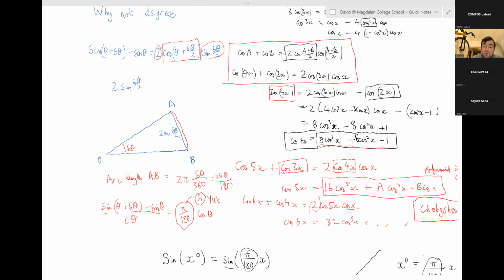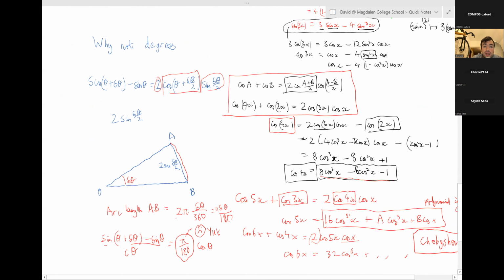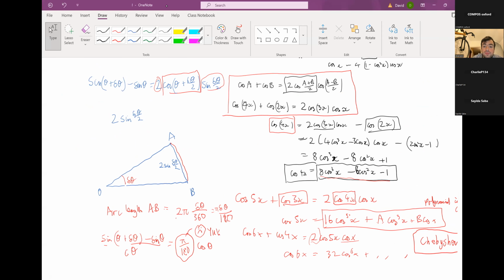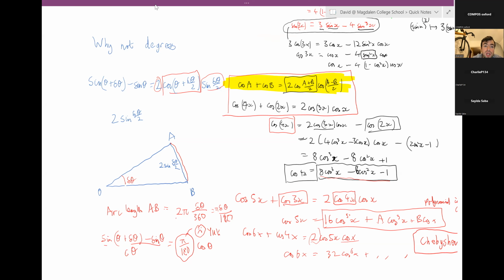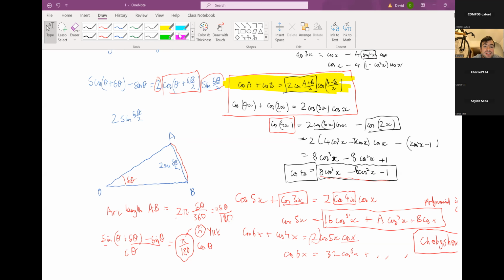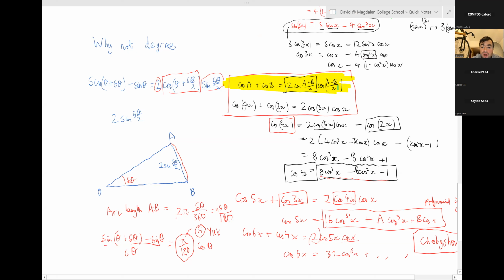Notice that when I use this formula for my addition of cosines, in order to keep it as a polynomial in x, I want this term, cos of (a minus b) over 2, to be like a cos x.